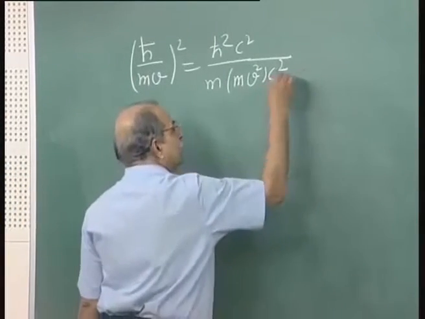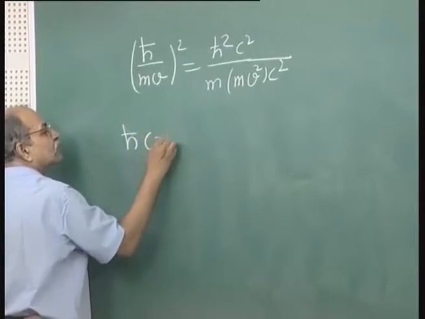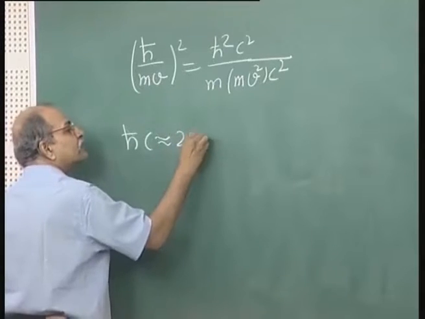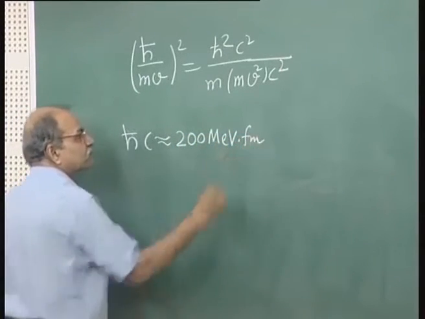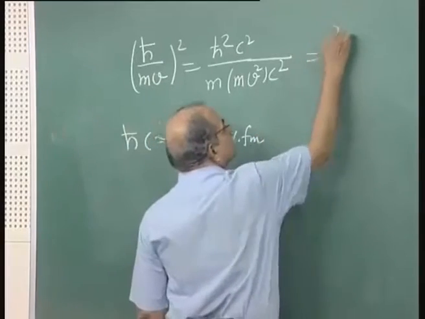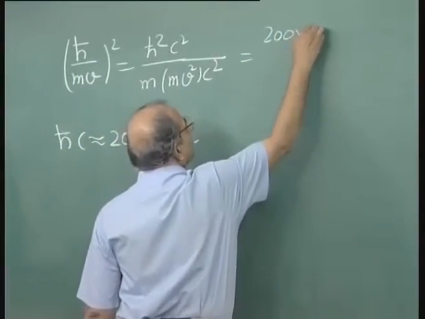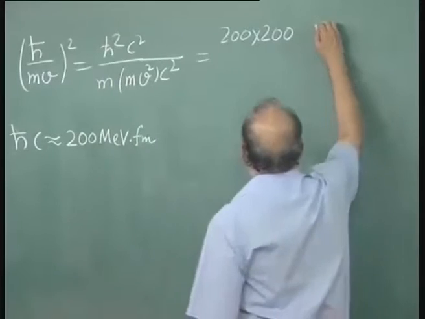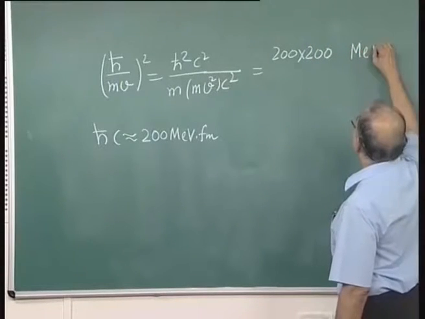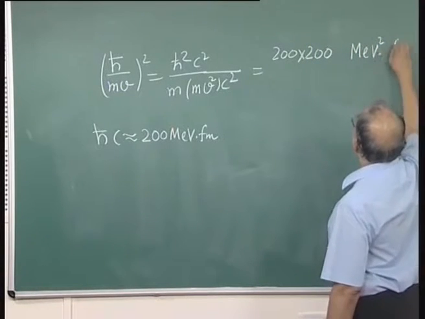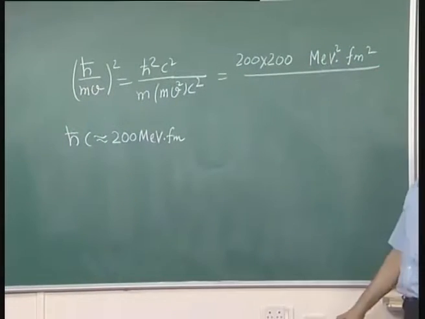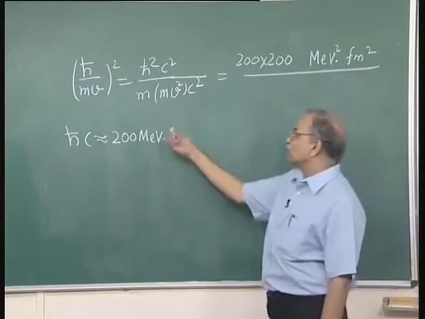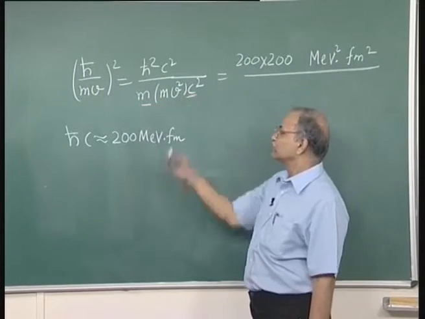Now, h cross c is roughly 200 mega electron volt femtometer. So, this is 200 into 200 MeV square FM square divided by mass into c square, mc square.